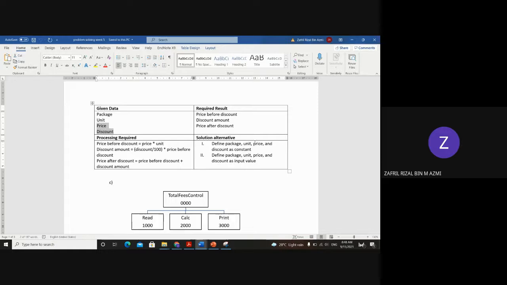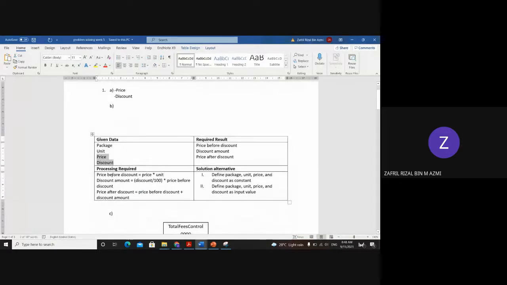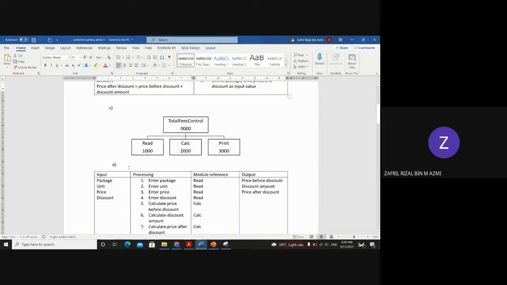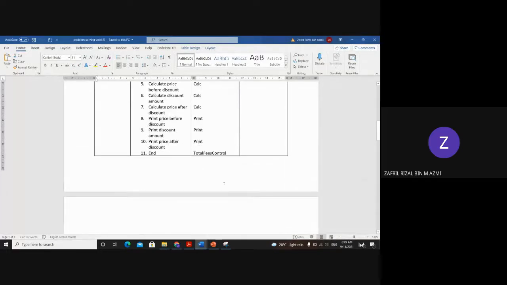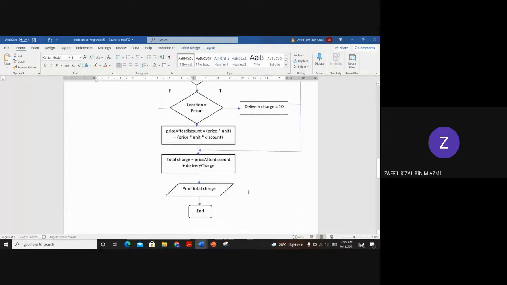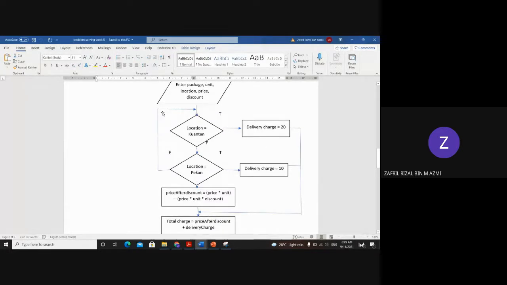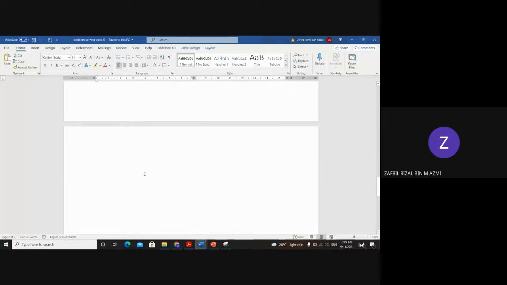If the user enters the price, why do you need the system? You already have the price yourself, no need to use the system to calculate for you. So this is wrong. A common mistake is putting input and output in the given data. This is wrong, missing the decision and doesn't cover everything. This is an example of a wrong version.